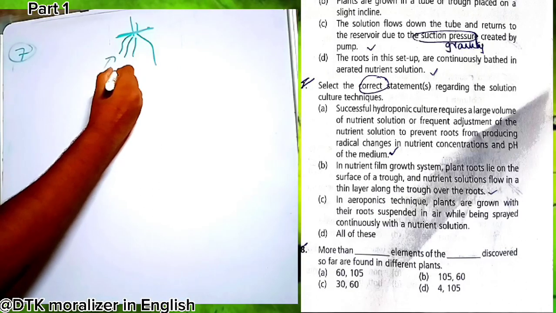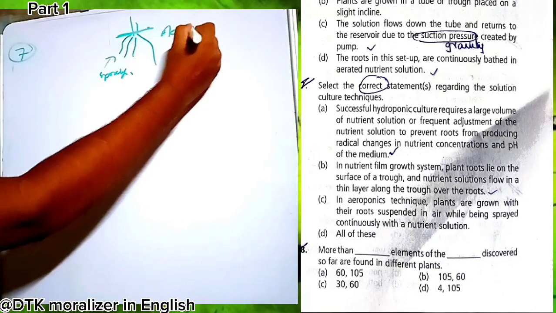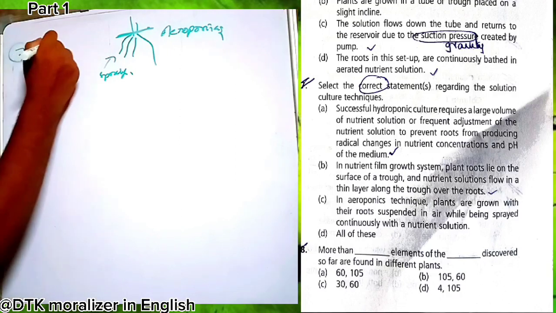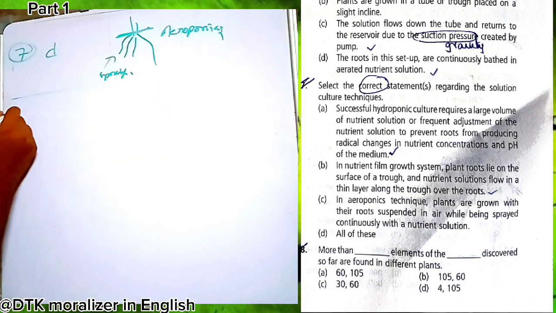In aeroponics, what happened? The roots are suspended in air and the nutrient solution is sprayed as mist. This was for aeroponics. So option D.